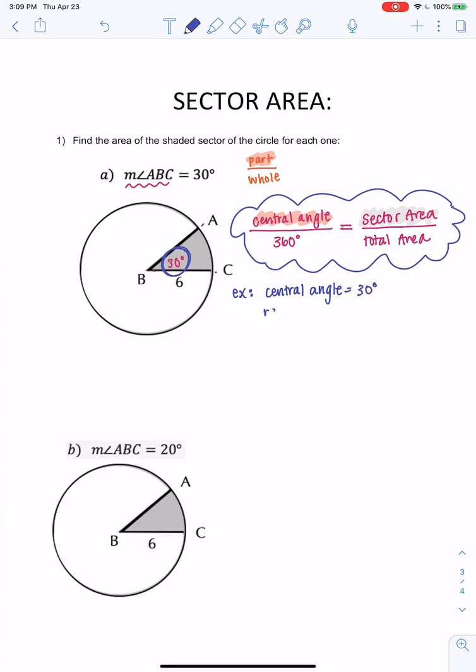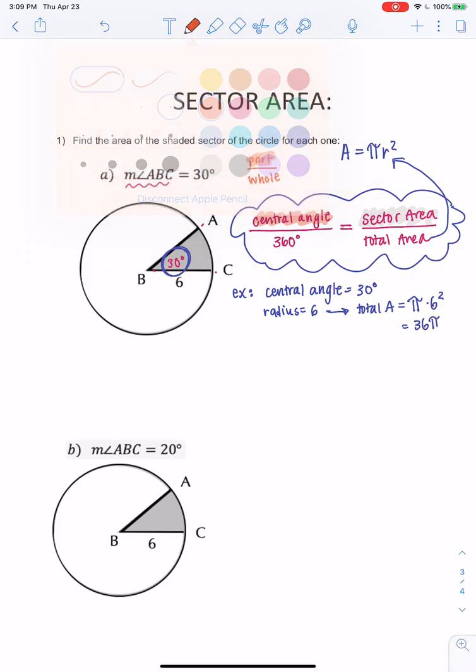Our radius that we're given is 6, which means we can calculate the total area, because the area of a circle is equal to pi times radius squared. So pi times 6 squared, that's 36 pi. Then we can set up our equation.